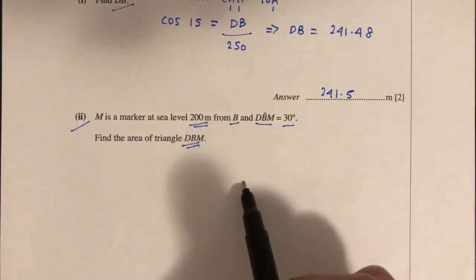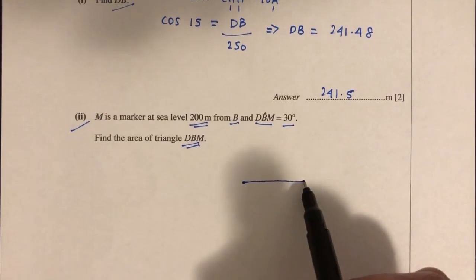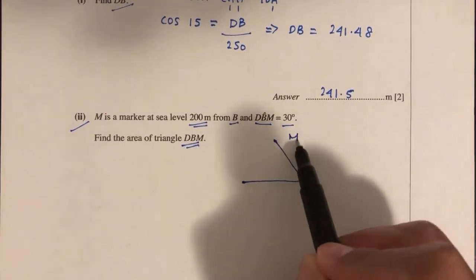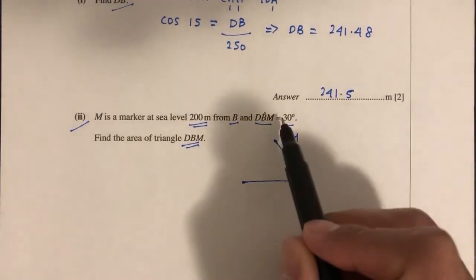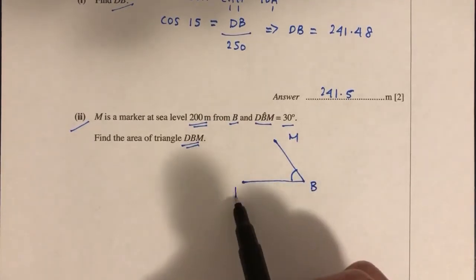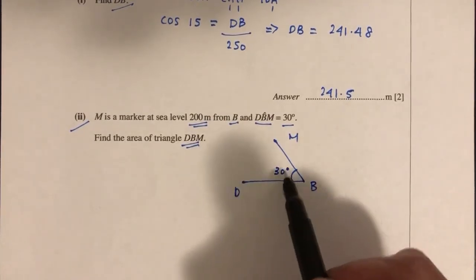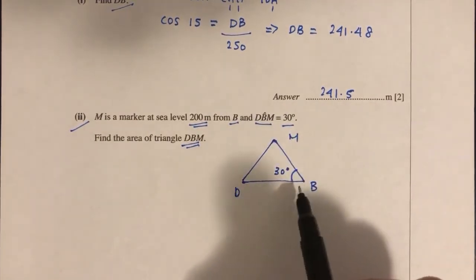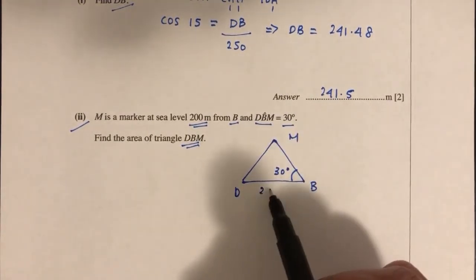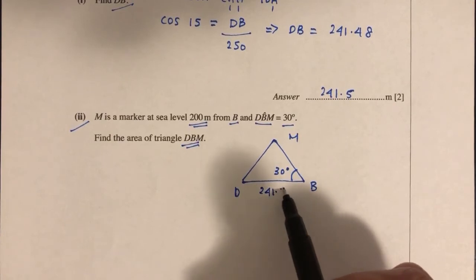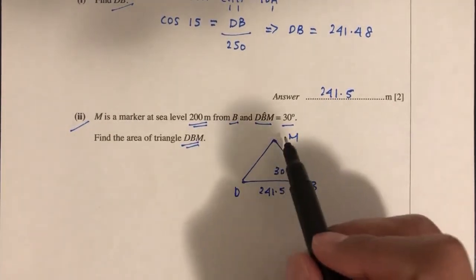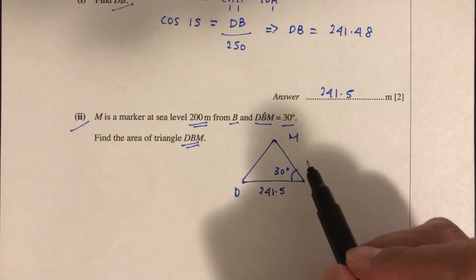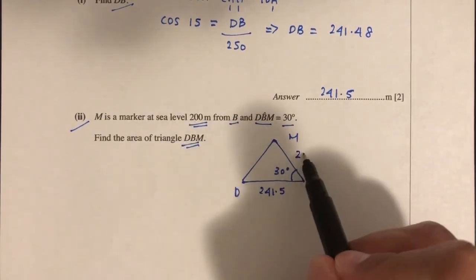D is this point, B is this, and M is here, but the angle here needs to be 30. We know the length of DB is 241.5, and the length of MB is given to us as 200.